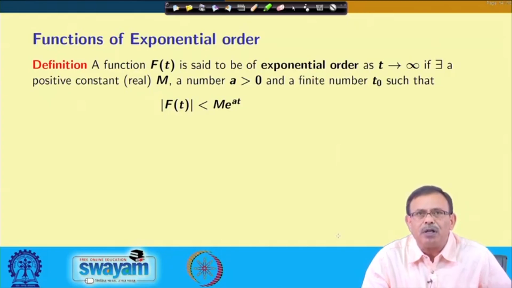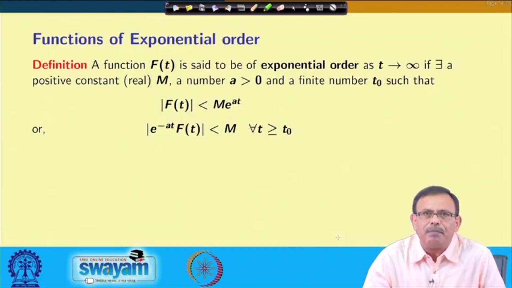So, please note this one, a function f(t) is said to be of exponential order whenever t approaches infinity, if there exists a positive constant real number M, some number a which is greater than 0, and a finite number t0 such that absolute value of f(t) is less than M into e power at, or I can write down absolute value of e power minus at into f(t) less than M for all t greater than or equal to t0.